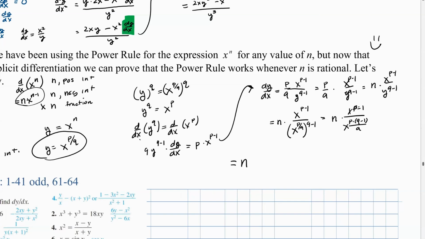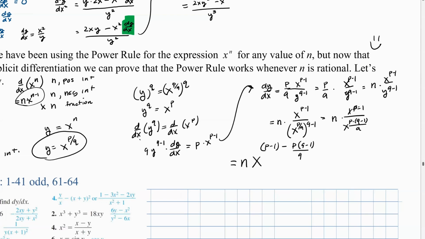All right, I've got a fraction. The terms in the fraction have the same bases. So what I can do is try to solve this by subtracting those two exponents. And here's what it looks like. x to the power of p minus 1 minus p times q minus 1 over q. You're like, this is not nicer.